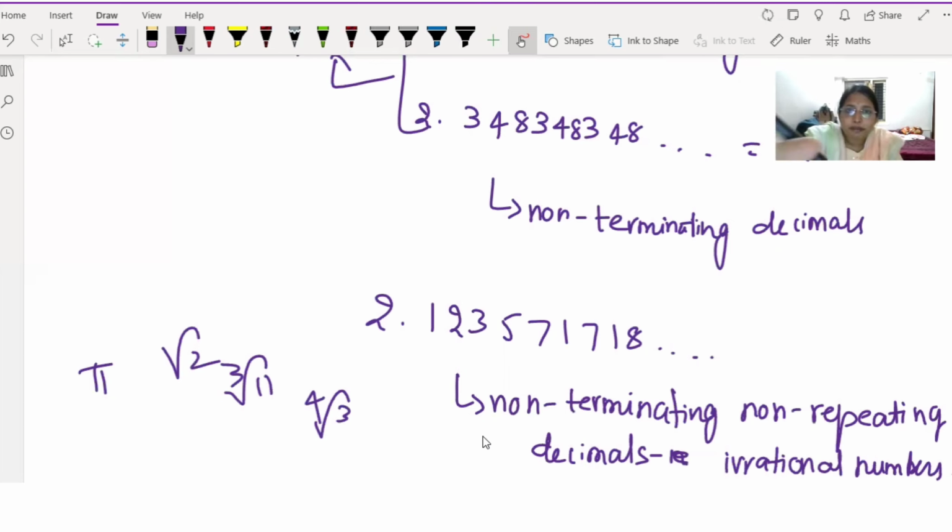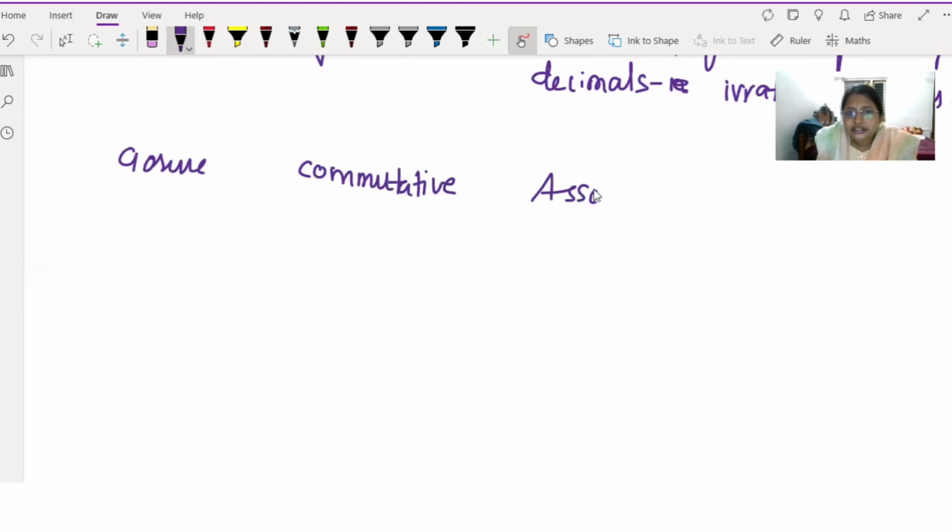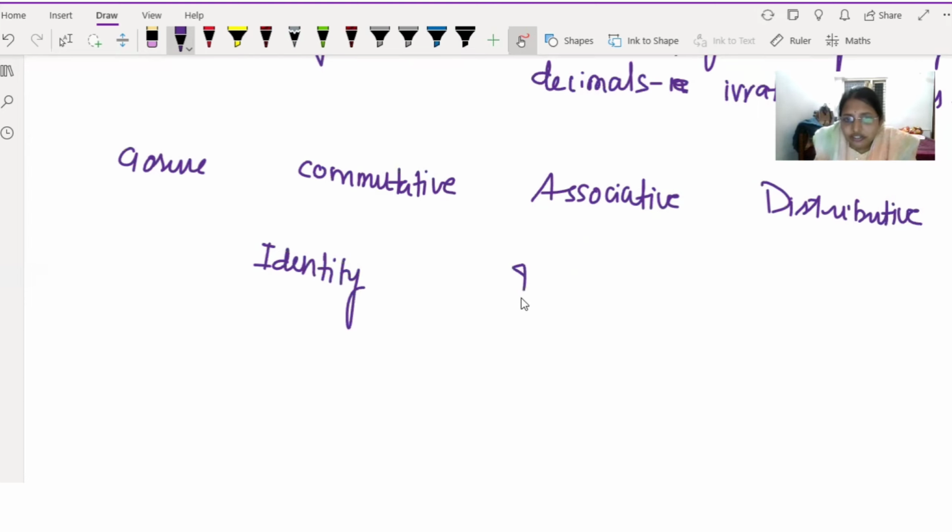Again, let us come back to our topic, rational numbers. We have studied properties of numbers in our previous classes. Those are closure property, commutative property, associative property, distributive property, existence of identity, and existence of inverse.